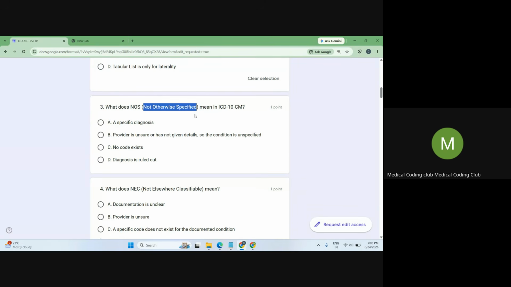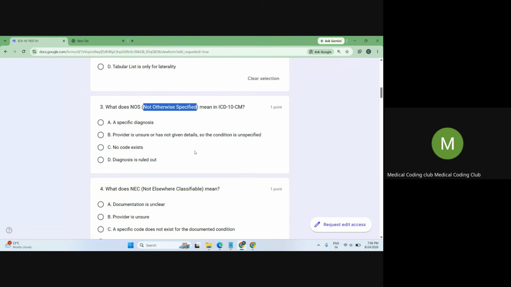So whenever the doctor is not giving you full information about the medical condition, you have enough ICD codes in your book for the same category or for the same medical condition. So if the doctor is documenting patient is having cough, okay, he is not documenting whether it is an acute cough or a chronic cough or a persistent cough.